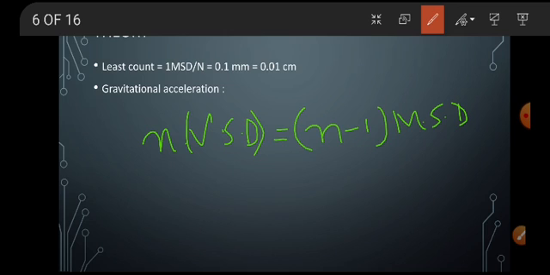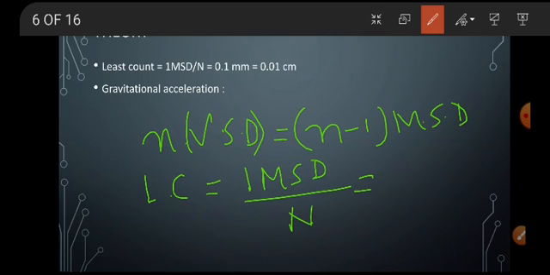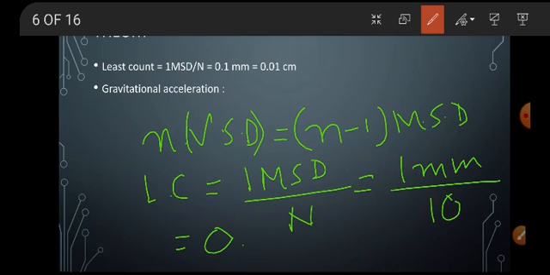The least count of the Vernier calipers is equal to 1 main scale division divided by n. How many divisions are there within the main scale division? Here 1 millimeter by 10 divisions. So the least count is 0.1 mm, which equals 0.01 centimeter. This is the least count of the Vernier calipers.